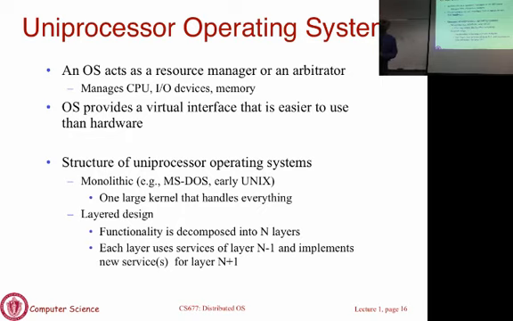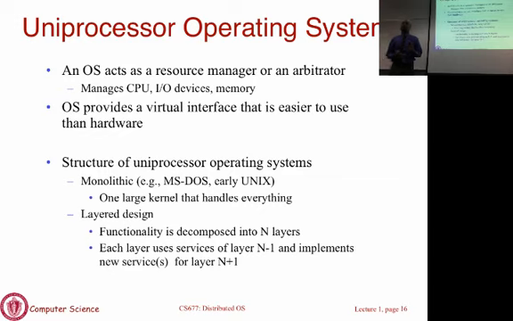So uniprocessor operating systems, I'm assuming most of you are familiar with. An OS is basically system software that runs on your machine and manages the hardware resources on the machine. It provides an easier to use abstraction for the users. So you don't have to deal with low level hardware details of the memory on your machine or where data is stored on your disk.